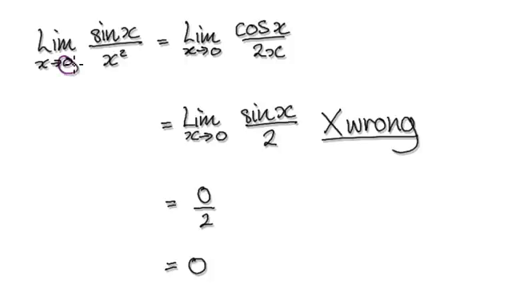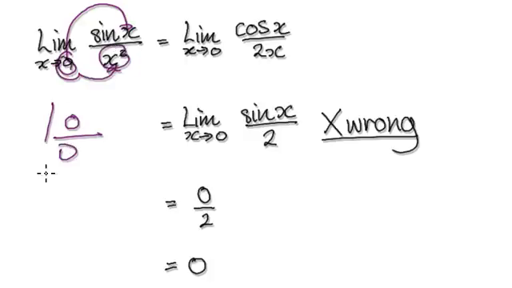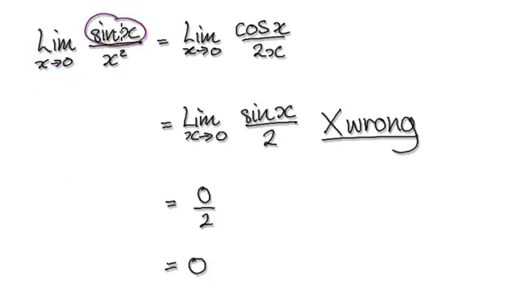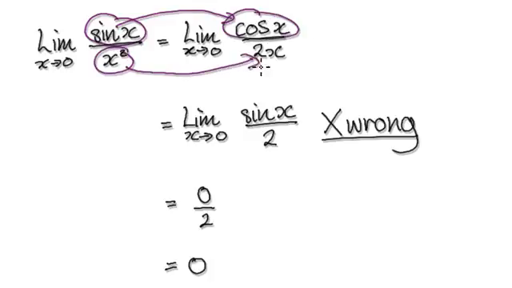So let's try and do this again. So put 0 into here. So you've got sine of 0, which will be 0. Put 0 into here. Then you've got 0 here. So here you've got 0 over 0. That's good. You can apply L'Hopital's rule. So differentiate this. That will then give you this. Differentiate this, and then that will give you this.